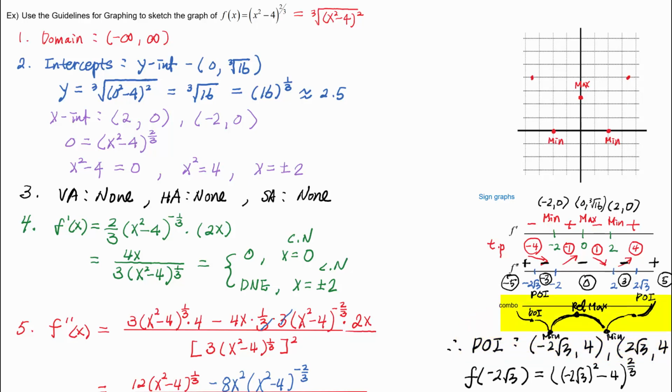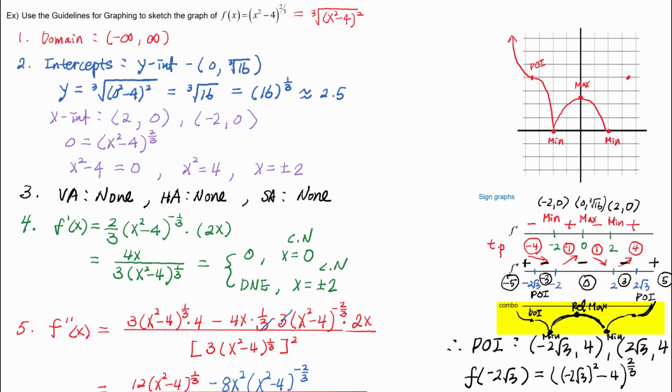So then look at the shape of our graph. I have a decreasing graph that is concave up, and then concavity changes at the point of inflection, and it's going to be decreasing and an umbrella shape. And then from my minimum to another minimum, I have an umbrella that is increasing and then decreasing.